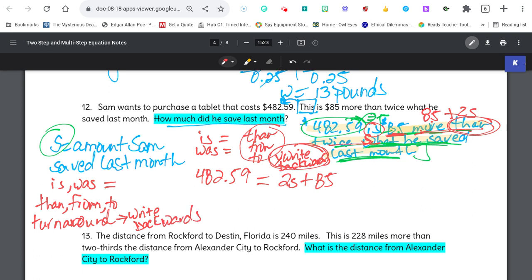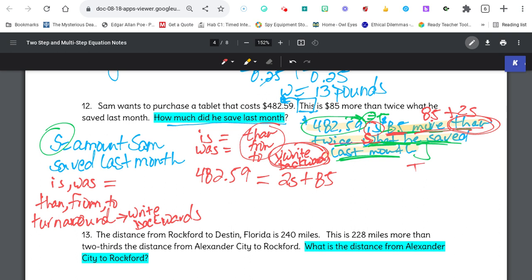Also, something else you may want to know, that if you see this, it normally refers to something in the sentence before it.